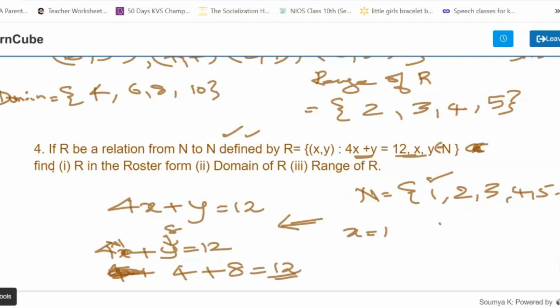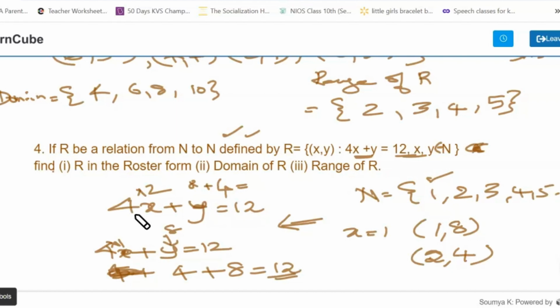In that case, the first ordered pair will be (1, 8). Then check with 2. Now replace x with 2. So 4 into 2 will be 8, and 8 plus y, y should be 4 this time. (2, 4). So the value of x is 2 and y is 4. That will give you the result as 12. So this is the second ordered pair.